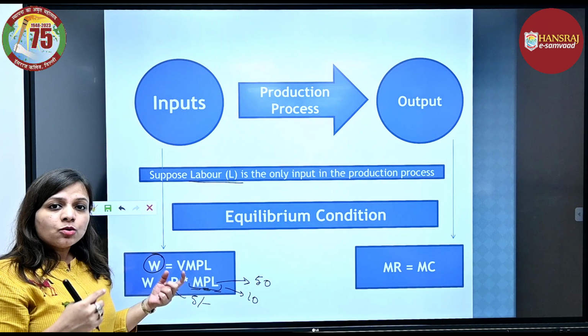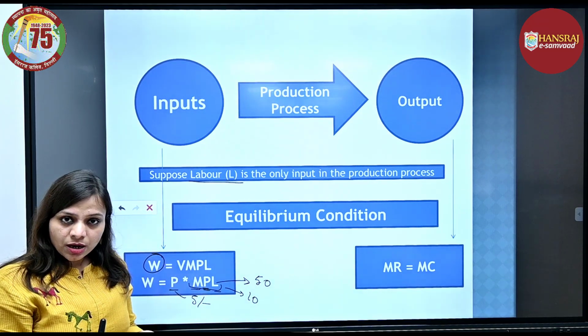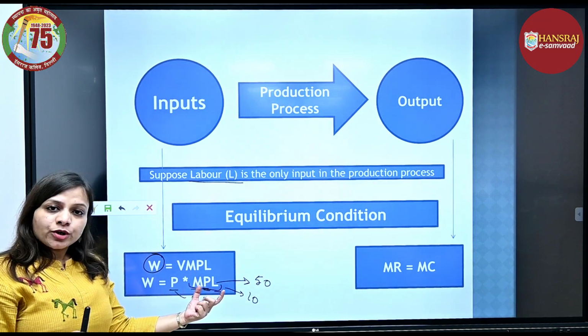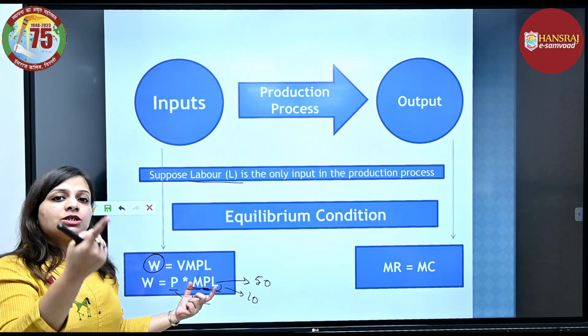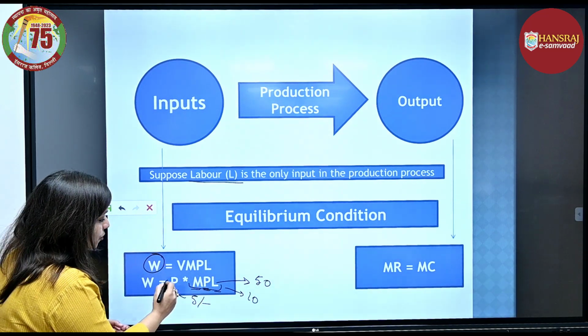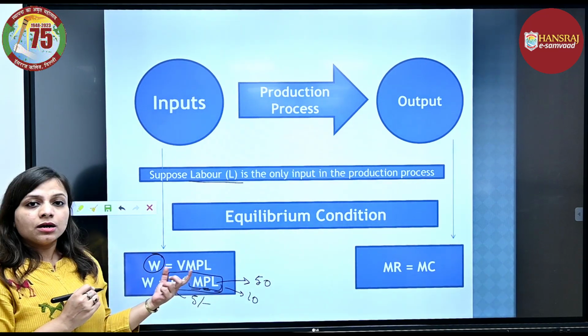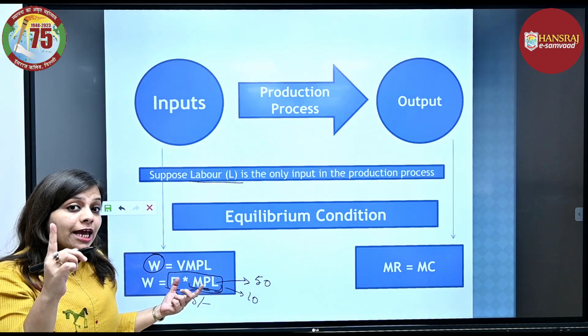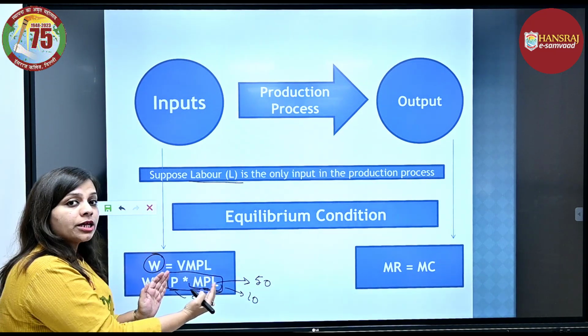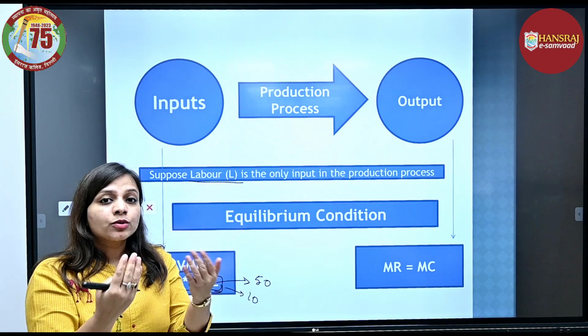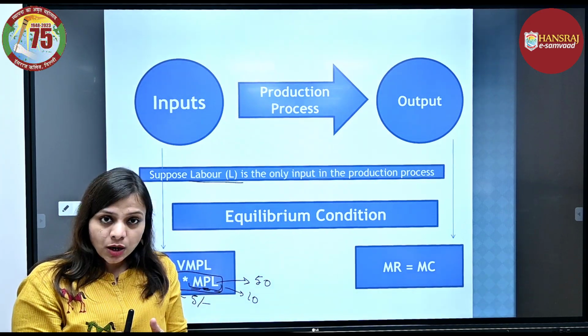So इसका मतलब क्या हुआ कि भाई वो एक बंदा जो फर्म में आया उसने इतना आउटपुट प्रोड्यूस किया, वो आउटपुट जब मार्केट में बिका तो उस फर्म को इतना रेवेन्यू मिला. So उस एक बंदे से फर्म को इतना पैसा आया, और you can say इतना रेवेन्यू जनरेट हुआ.